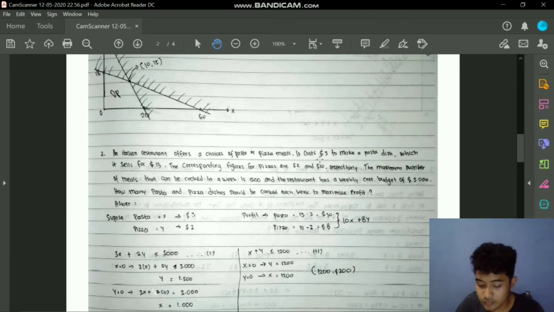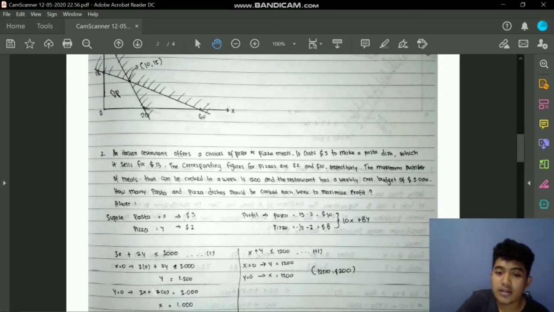From the question, we suppose pasta is x and pizza is y. The cost for pasta is $3 and the cost for pizza is $2. The profit from pasta: they sell pasta for $13 and make it for $3, so 13 minus 3 is $10.